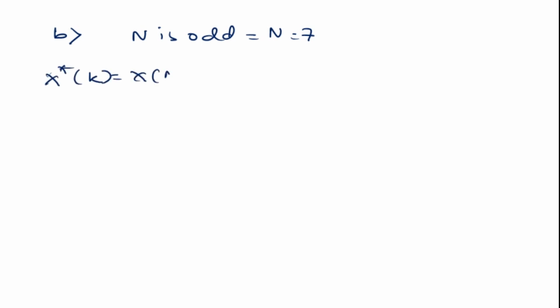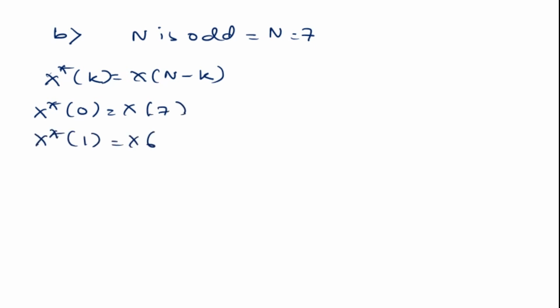For the second case, N is odd, that is N is equal to 7. Then we know that x star of k is equal to x of N minus k. Then x star of 0 is equal to x of 7. X star of 1 is equal to x of 6.